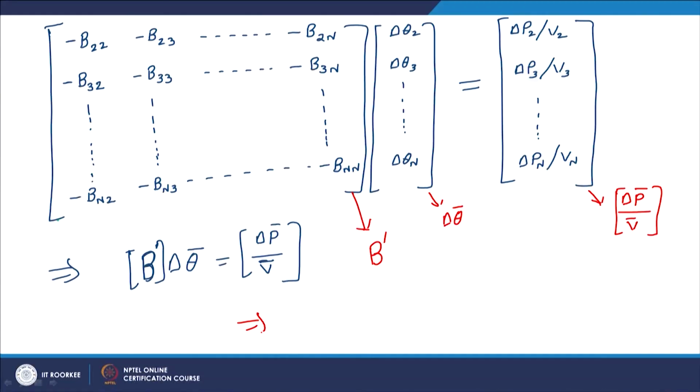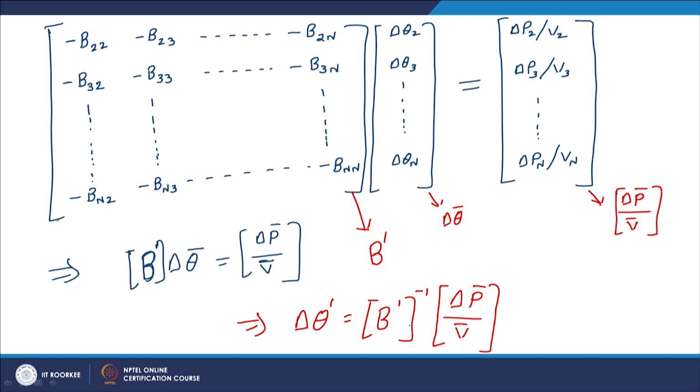Then how do we solve delta theta? We solve delta theta as, for example, B dash inverse into delta P by V vector. Because B dash matrix is a constant matrix, its inverse is also a constant matrix. So we can pre-calculate this inverse matrix even before our load flow iteration starts.